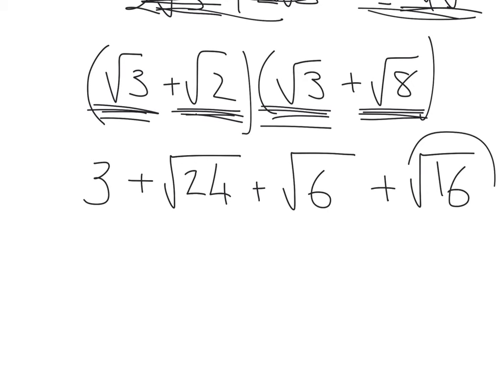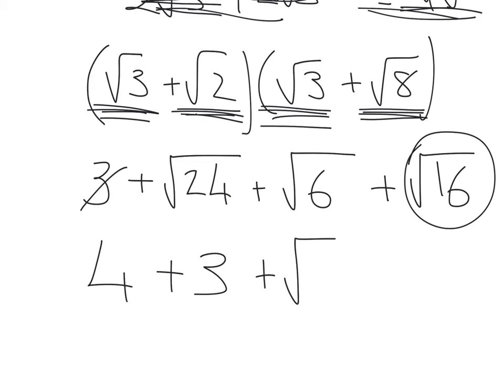So the first thing that I would say there, I can quickly spot that root 16 is 4, so that's 4 plus the 3 there. Root 6 can't be simplified, so just leave that as root 6, but root 24 can.